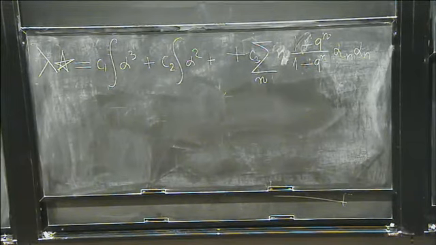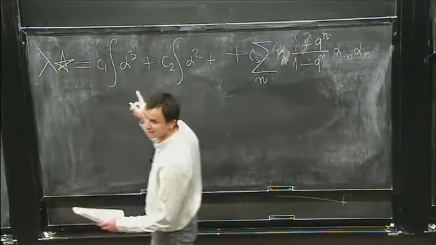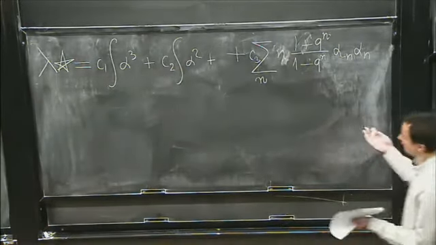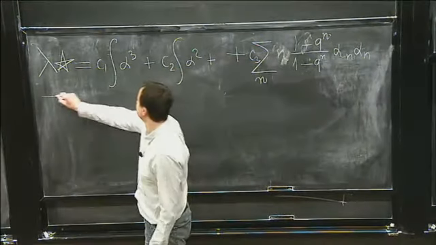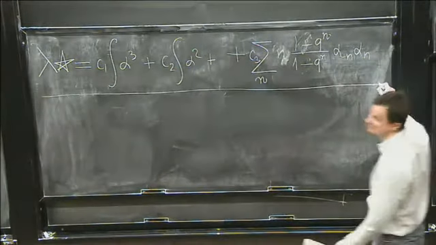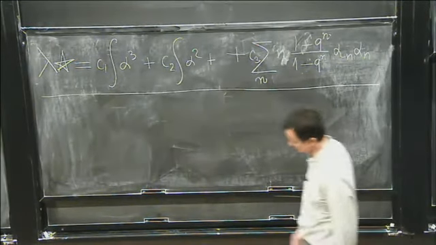And now we're supposed to recognize an equation in hydrodynamics. So what's a typical equation, or quantum version of some hydrodynamic equation? What's a typical equation you write in hydrodynamics?